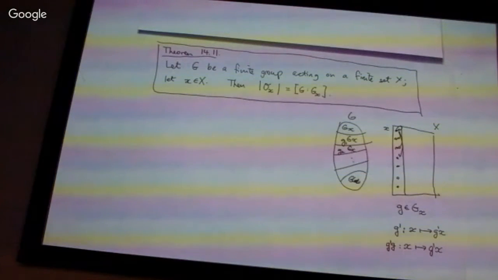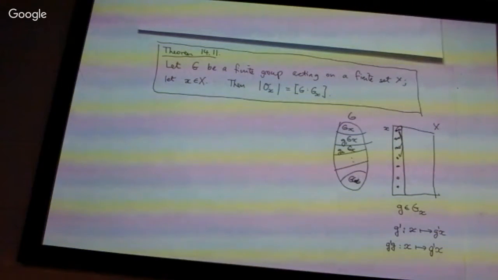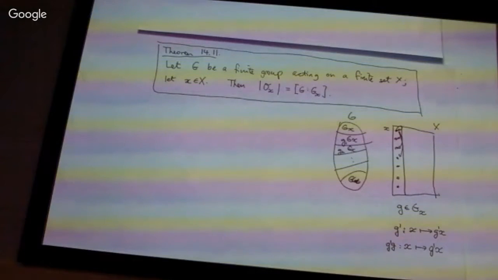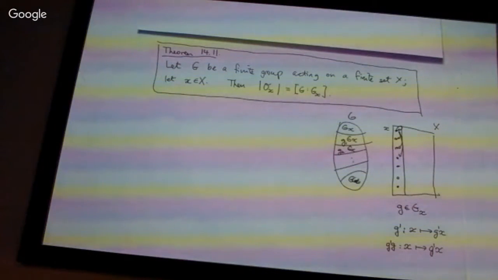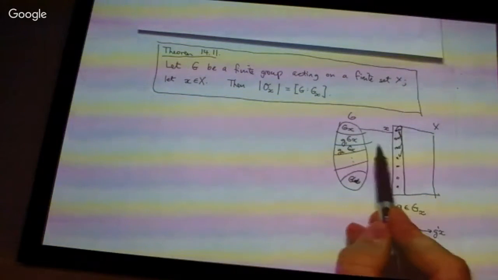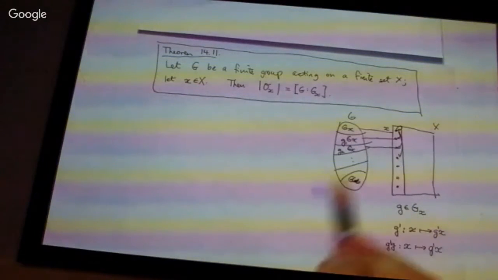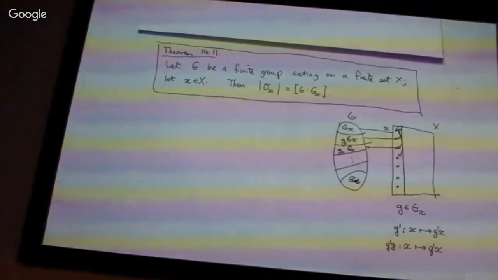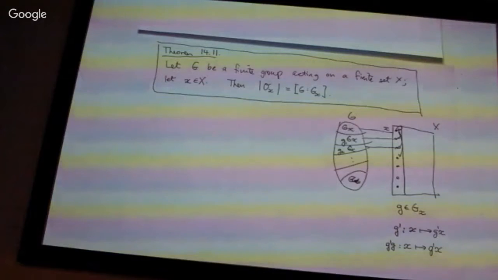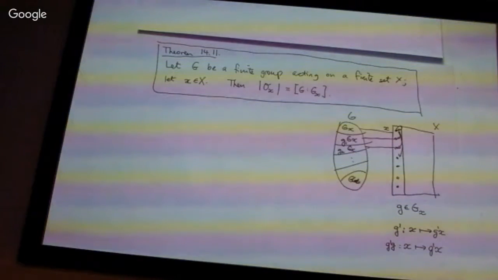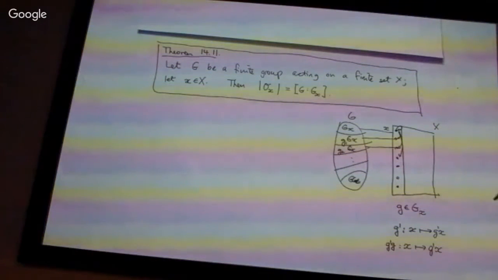And now what we're going to prove, and I was wasting time, so we're only going to prove it next week, is that there is a bijection between the cosets and these elements. It's just a technicality to prove that this bijection is there.